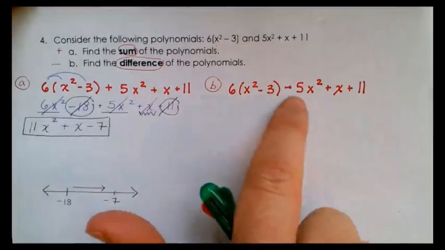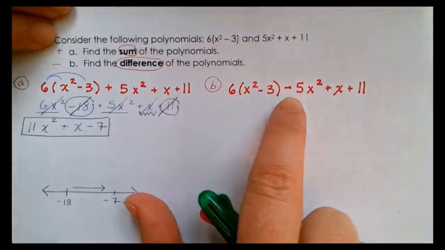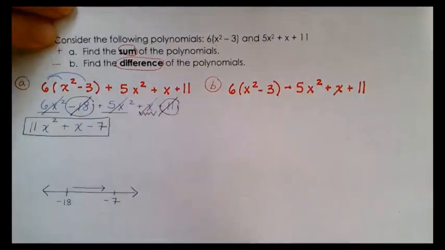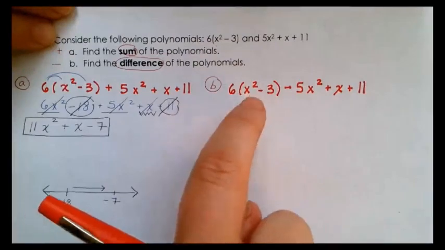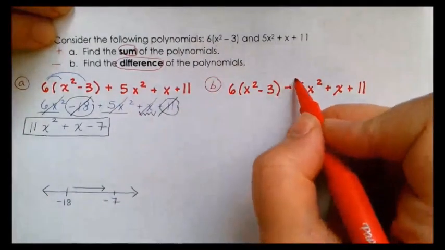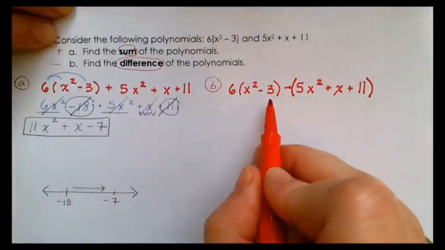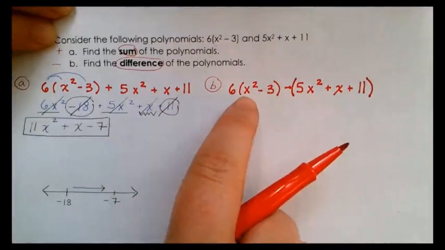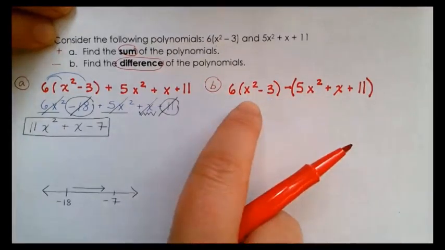The way that I wrote it by putting the minus sign is not going to get me the correct answer. Since I'm subtracting the entire polynomial here, what I have to do is I have to protect it in the same way that I protected the x squared minus 3. I have to put parentheses around the second polynomial because I'm subtracting the entire thing from the 6x squared minus 3. So you're going to have two sets of parentheses here.